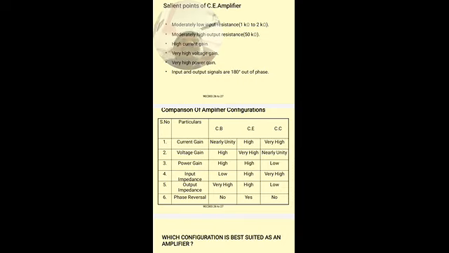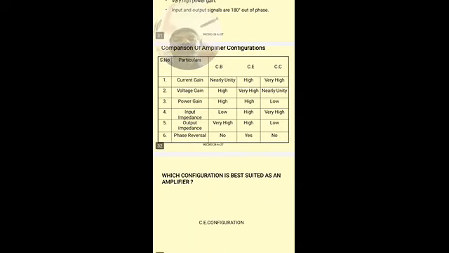When the input resistance is very high, the input impedance is very low. So phase reversal is possible only with the CE configuration. There is no phase shift between the CB and CC configurations.